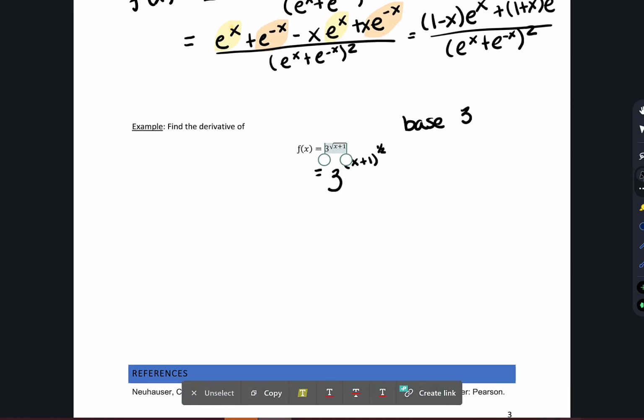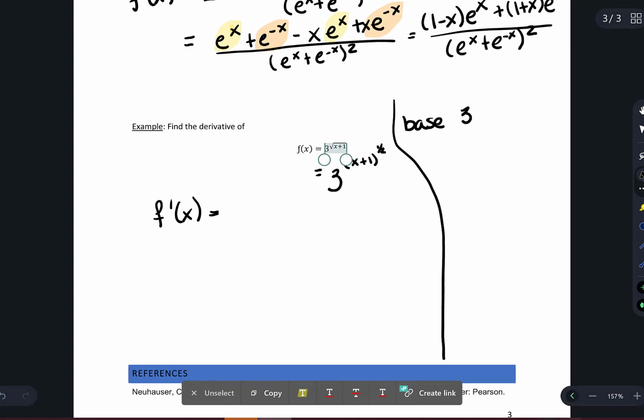So to find our derivative, we're going to have f prime of x is equal to, well again, we're going to use the fact, I'm going to make myself just a little note here off to the side. We are going to use the fact that the derivative with respect to x of a to the x is equal to the natural log of a times a to the x.